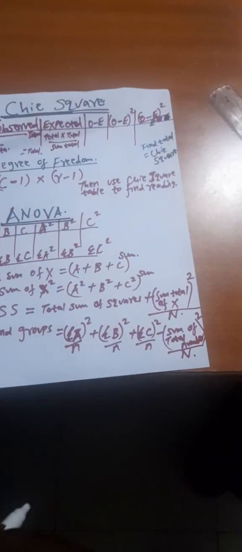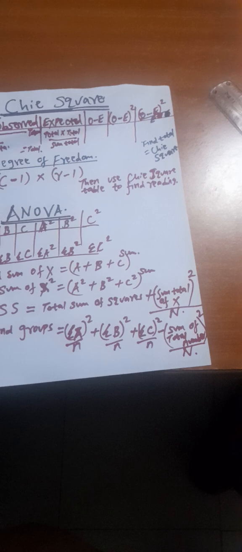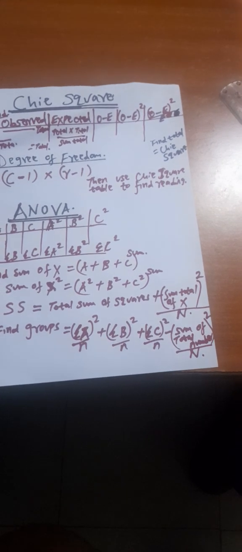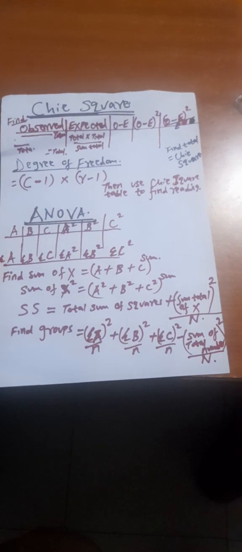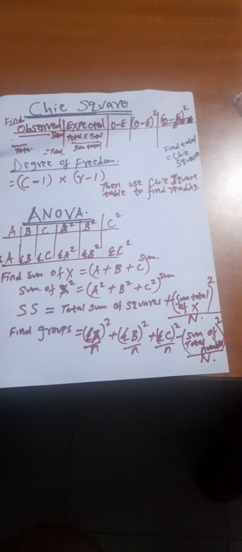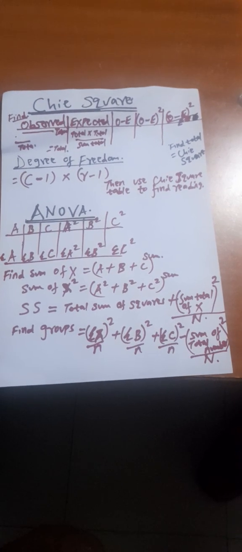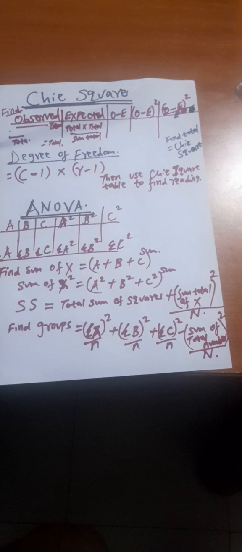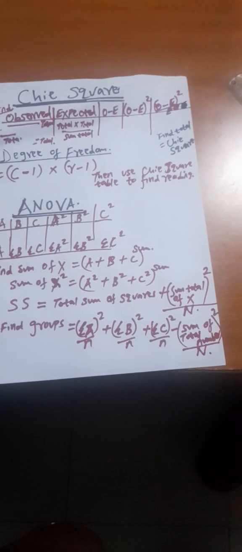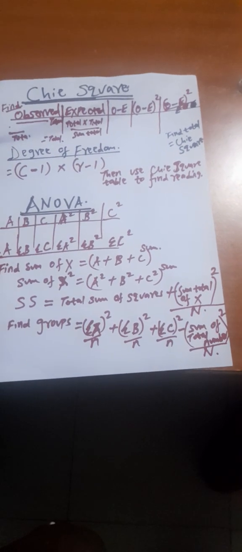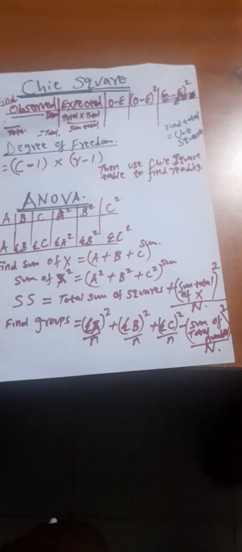You do over 6. Then over N, the last one now, minus the sum total of numbers, that is over N, you do the N of all the total numbers. If A was 5, B was 6, and the other one was 5, that gives you around 16. So it will be the sum total of the numbers over that 16. But now it's squared.